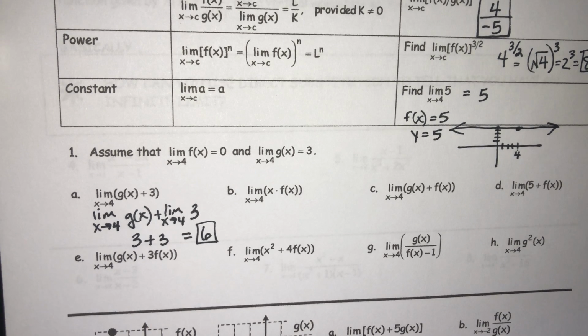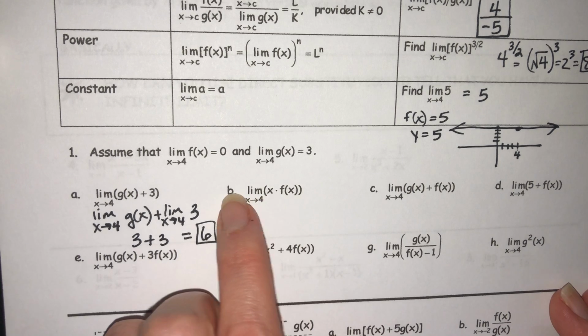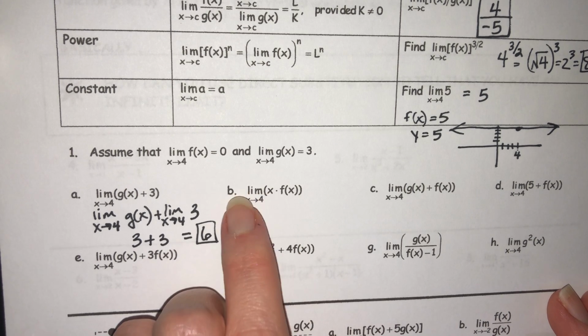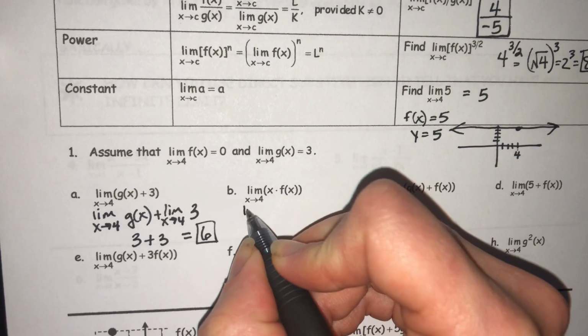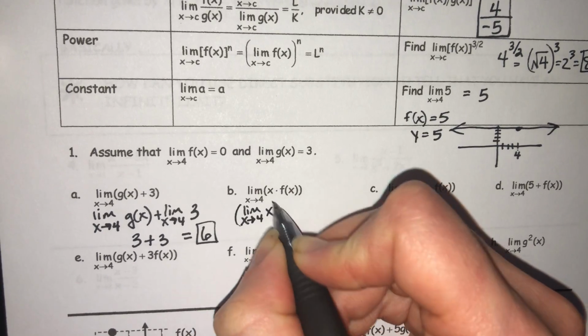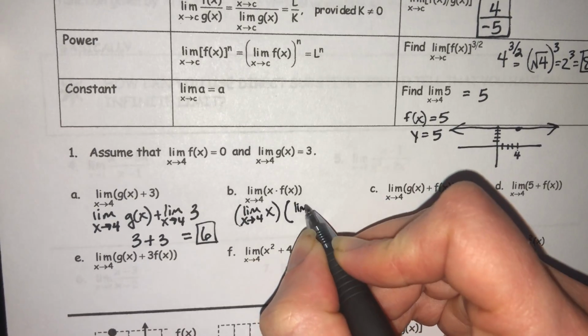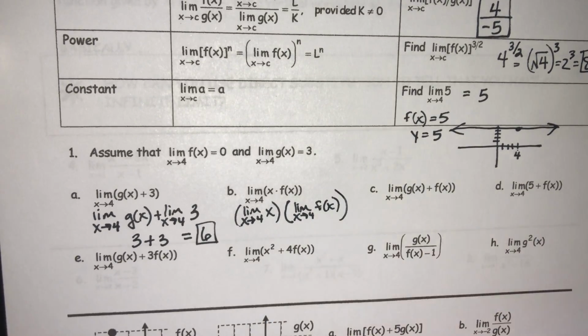Okay, the next one is a product of 2 functions. So that means I'm going to do the limit of the first one, and I'm going to multiply it by the limit of the second one. So limit as x approaches 4 of x times limit as x approaches 4 of f of x.